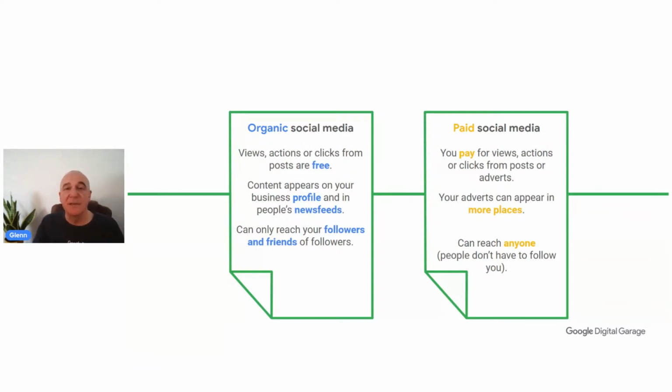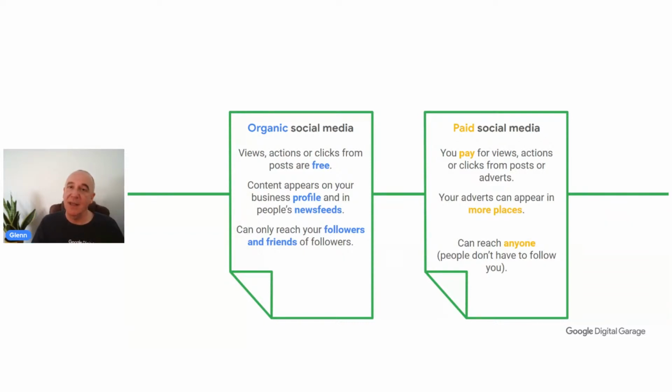Again, look into that to see what you feel most suits you and your business. Then one of the things that you can definitely be assured of is that your adverts can appear in more places, that you will be found, again, with good targeting, with good persona research that we spoke about previously, that you will be found by the people that are looking for your products and services.